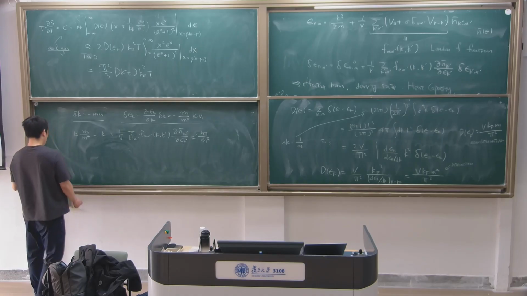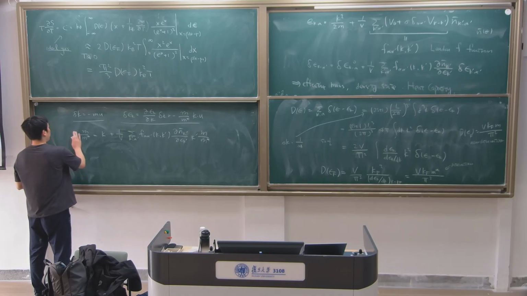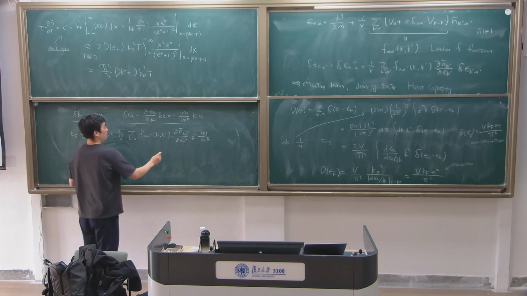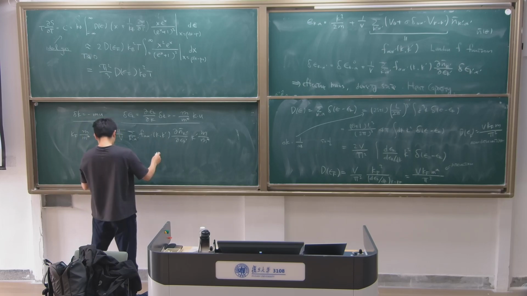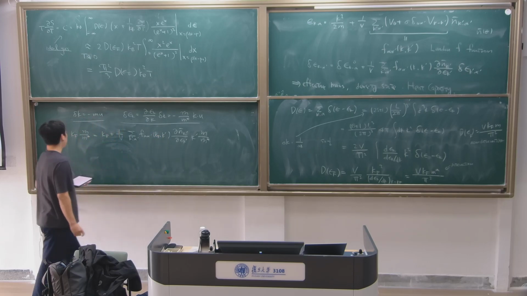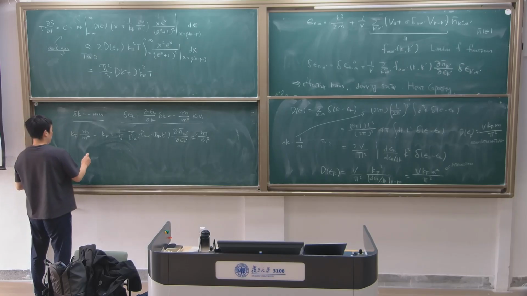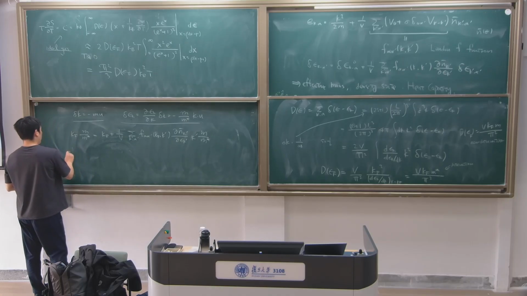Okay, so suppose K is near the Fermi surface. So this is Kf. And then we just multiply the K, so multiply Kf over K squared.